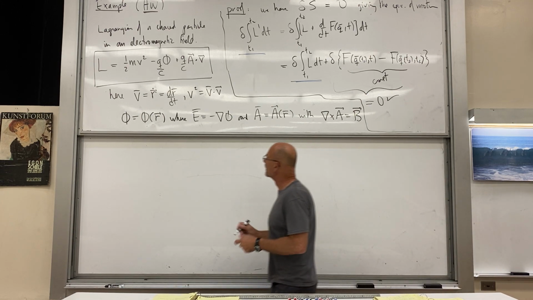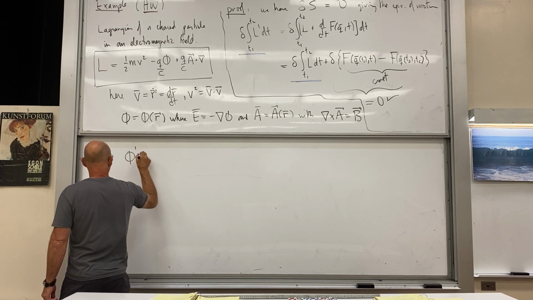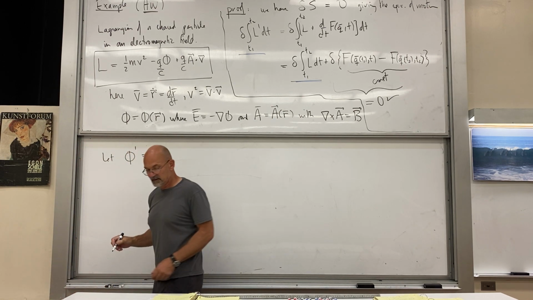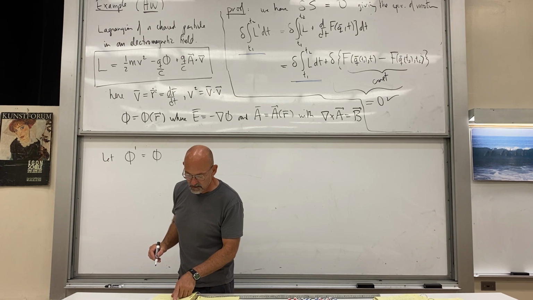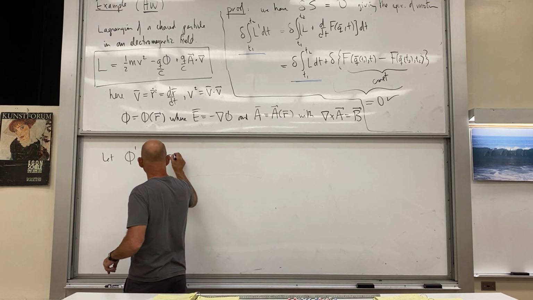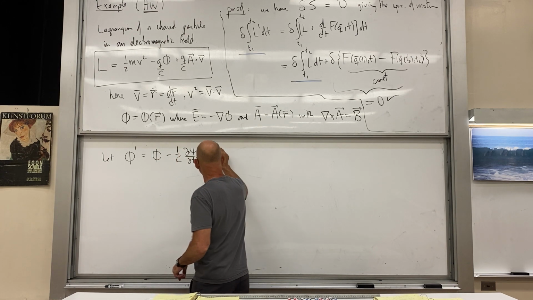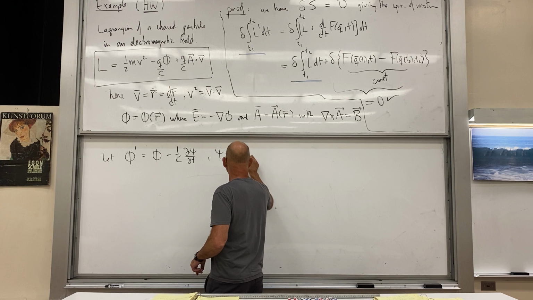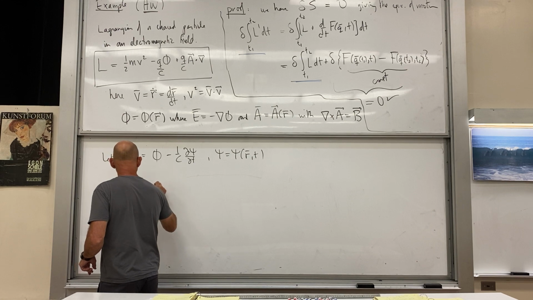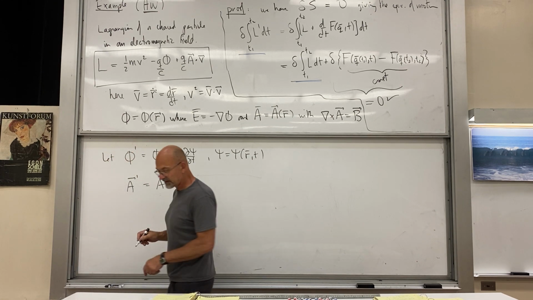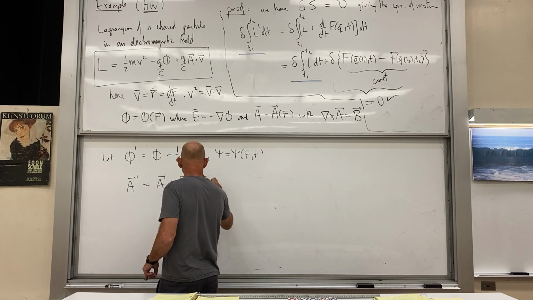And what we'll do is this. Let phi prime equal phi minus 1 over c partial chi partial t, and let A prime equal A plus gradient of chi of r and t.